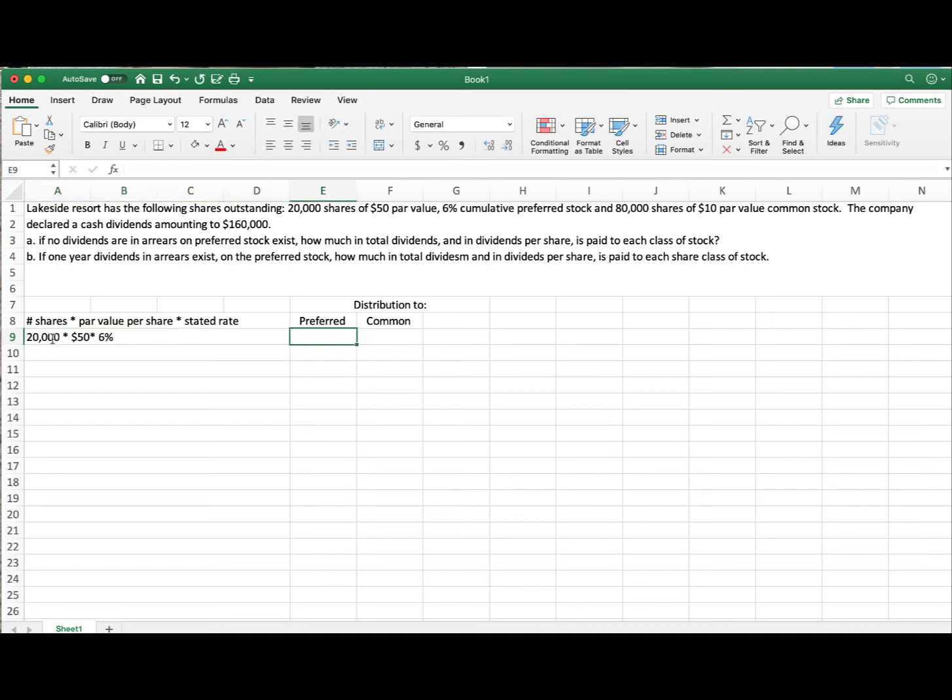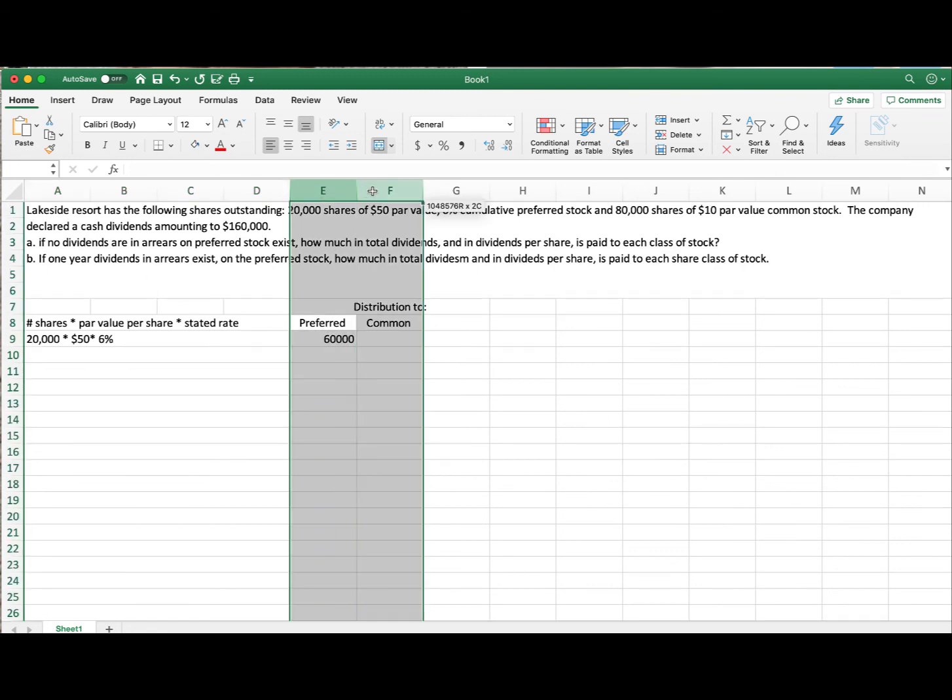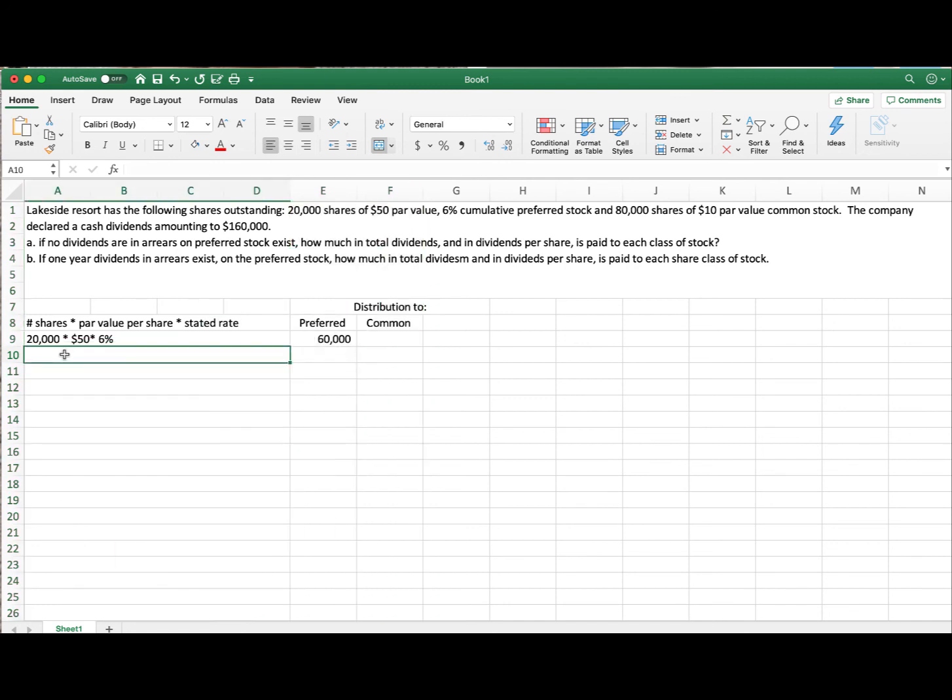So how do we calculate the preferred dividend? I'm just going to run the numbers: 20,000 shares times $50 per share times 0.06, 6%. I get $60,000. So that's easy. Now I need to figure out the balance to the common shareholders.